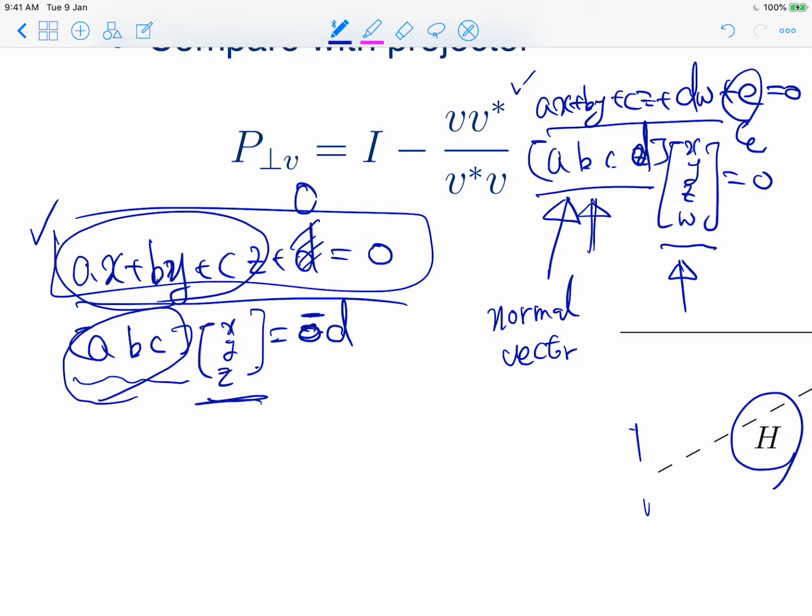And in the three-dimensional space, all the points that are orthogonal to a single vector form a two-dimensional subspace. In the four-dimensional space, our hyperplane forms a three-dimensional space, right? And in the case of m-dimensional space, if we have one particular vector that is orthogonal to the vectors in our hyperplane, then the hyperplane should have an m-1 dimensional subspace.